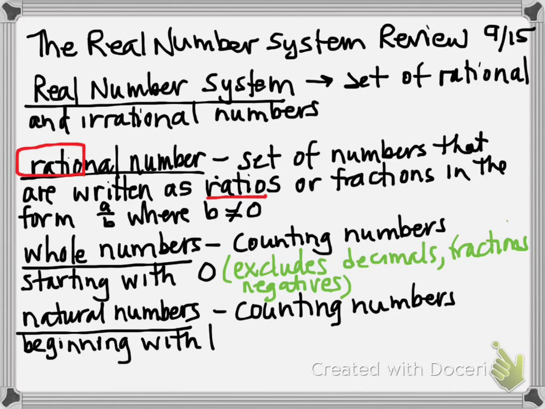And then I would also do the same exclusion and say it excludes decimals, fractions, negatives, and what else does it exclude? 0. So you can add that as another exclusion. I'm going to abbreviate D, F, N, and 0.